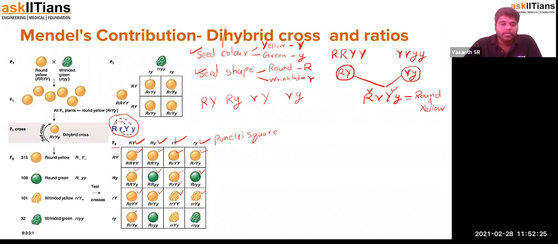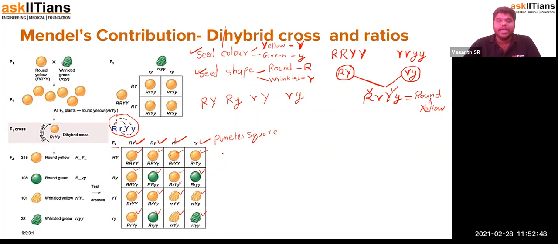And capital R, capital Y, round yellow. Capital R, small y, round green. Small r, capital Y will be wrinkled, and the capital Y represents yellow color. Then small r, small y will be wrinkled and green. So if you calculate all the round yellow, 1, 2, 3, 4, 5, 6, 7, 8, 9.